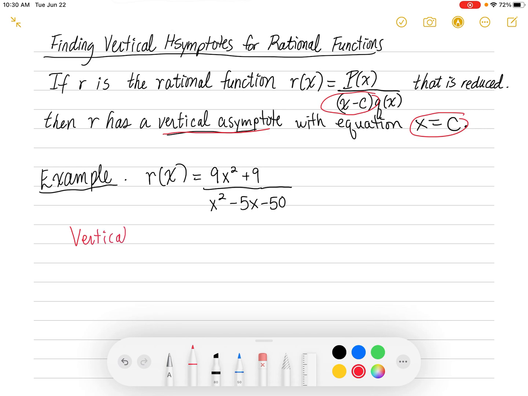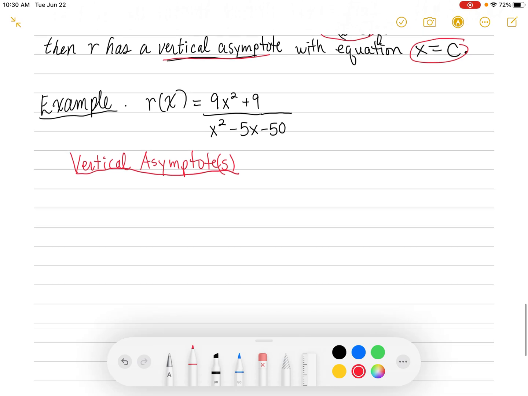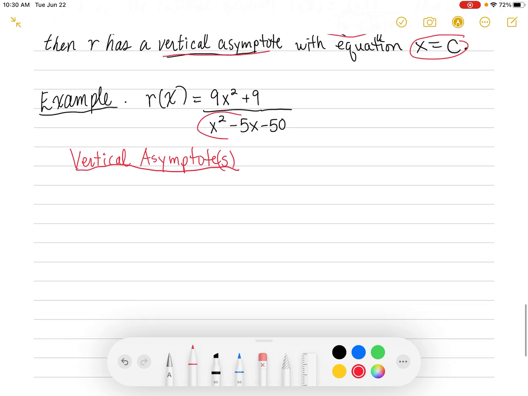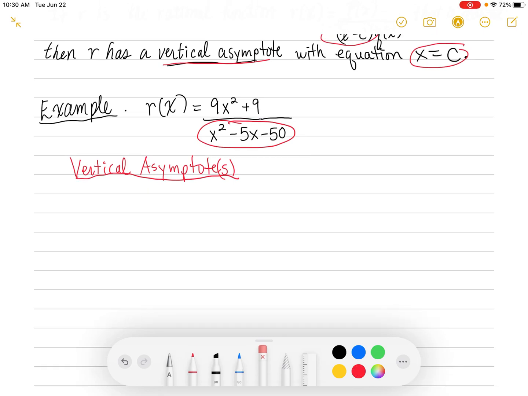And let's just find the vertical asymptotes here. I'll say vertical asymptotes, plural. We may have one, or we may have more than one. So what we're going to do, we're just going to take the bottom and set it equal to 0.